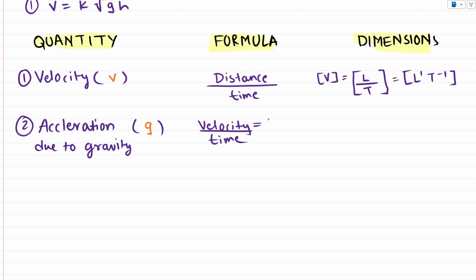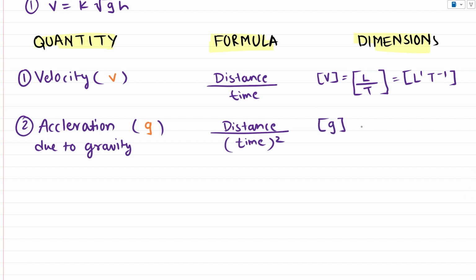So by definition, velocity is distance upon time. So acceleration will be distance upon time upon time. And if I were to express this in a clearer way, I get the alternative formula for expressing acceleration, that is distance upon time squared. So this is an alternate way to express acceleration as well. And from this, since distance is a fundamental quantity, time is also a fundamental quantity, we can now express the dimension for our acceleration due to gravity.